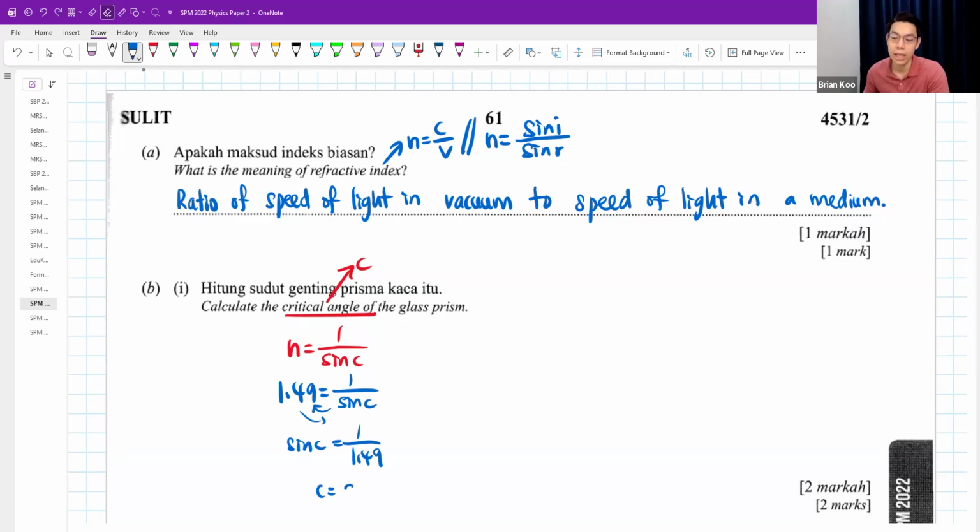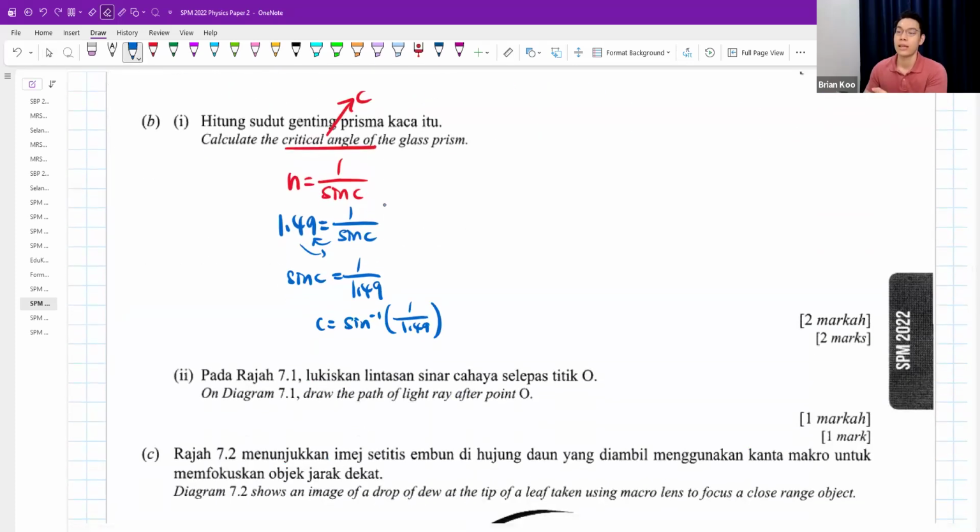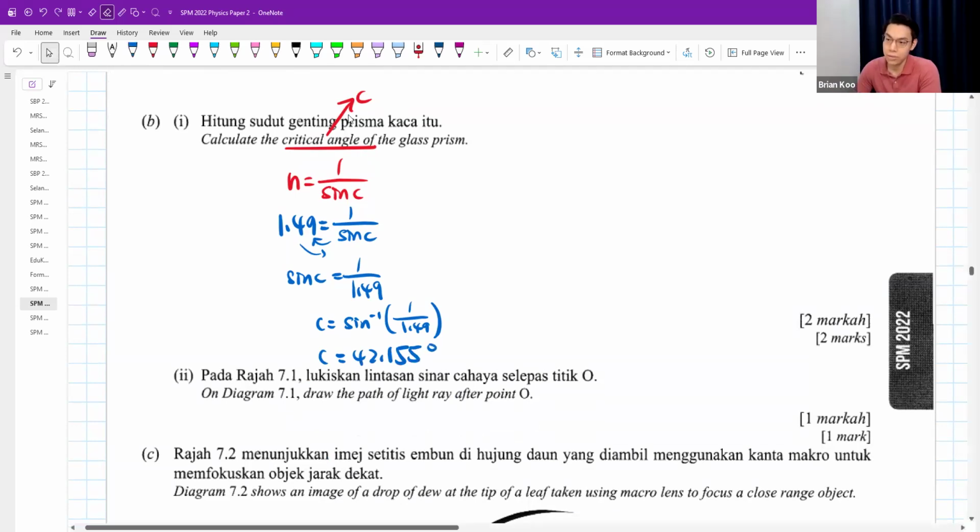Then type in your calculator, shift sine 1 over 1.49. Done. That's your answer. You are going to get 42.155 degrees. Normally they will just do 3 decimal places, so you just follow 3 decimal places.